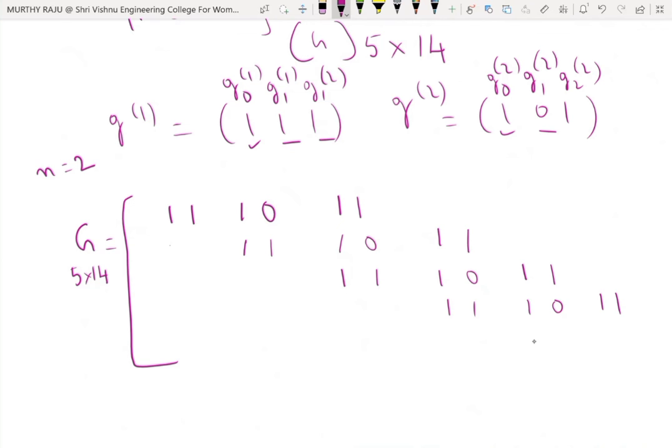Fifth row is 1 1 1 0 1 1. The remaining elements are filled with 0 0. This is the third row, this is the fourth row, this is the fifth row.